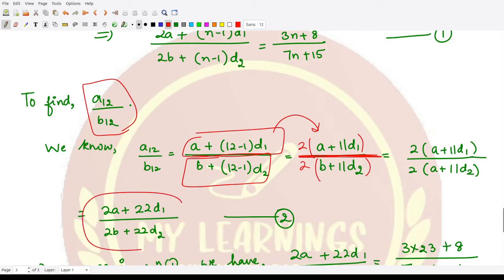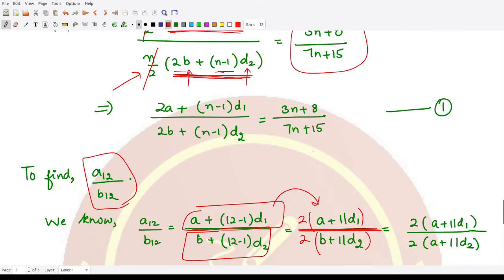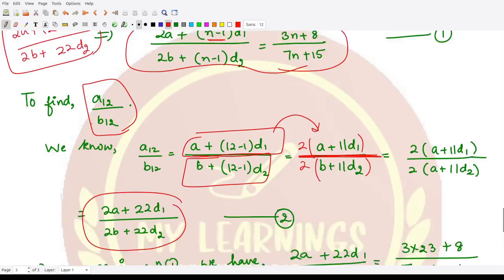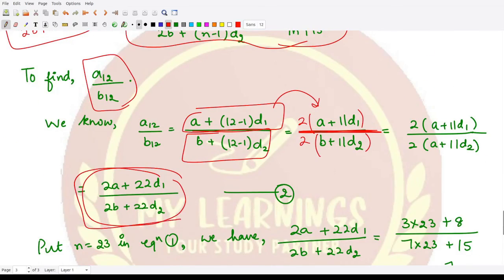So we want to calculate the value of this using equation number 1. Now you see, if in equation 1 we substitute n equal to 23, we have 2a plus 23 minus 1, which is 22, times d1, divided by 2b plus 23 minus 1, which is 22, times d2, right? So you see this term is exactly equal to the term written in equation 2.